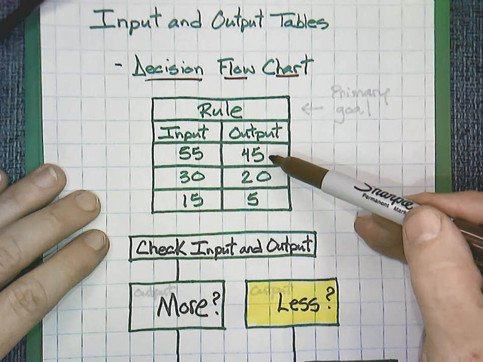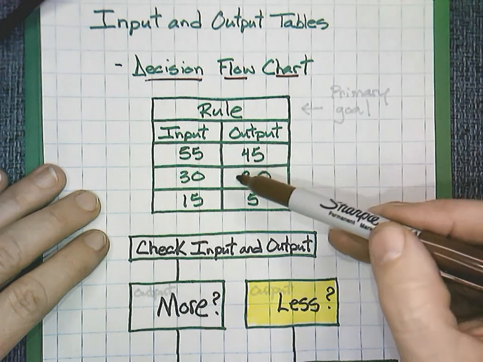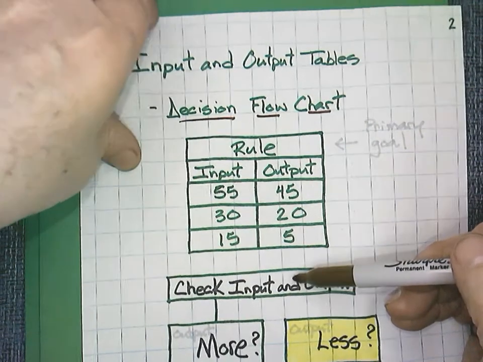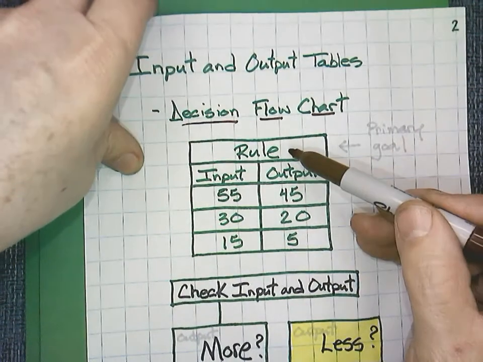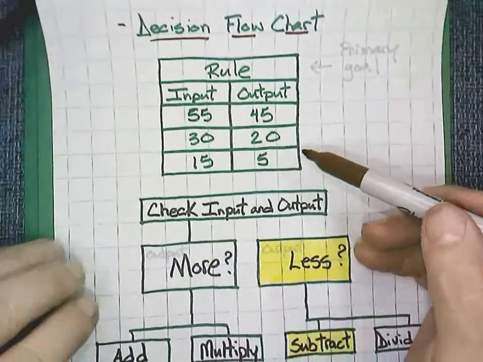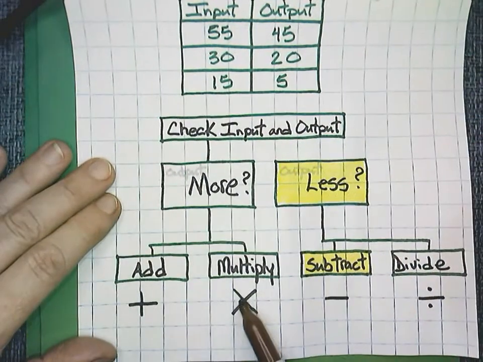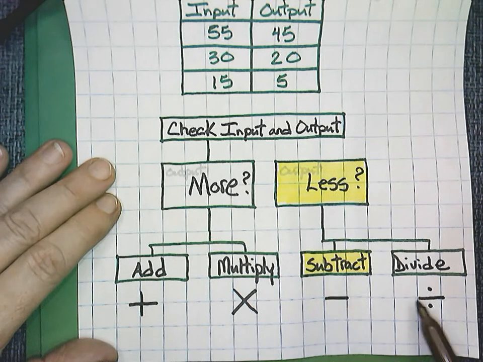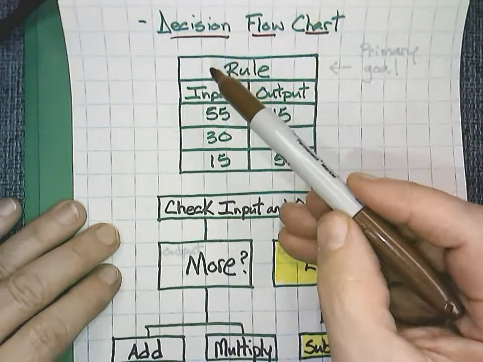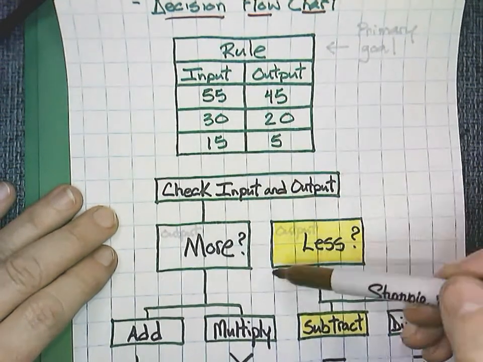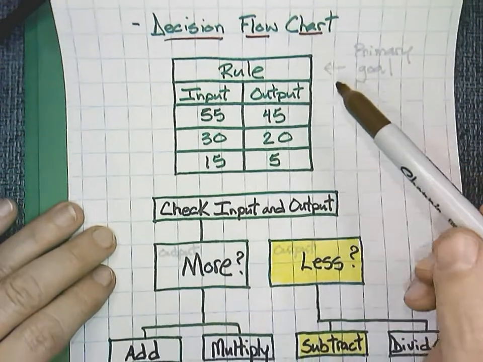Then I look and see that our output is 45, and I see a similar pattern. It's getting smaller. Remember that our primary goal is to find the rule, but to find the rule, I have to decide if we're going to add or multiply or subtract or divide. This is what we mean when we talk about making a decision, using this idea that I'm referring to as a flowchart.